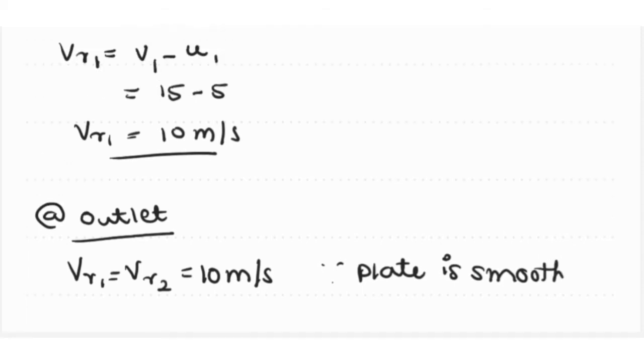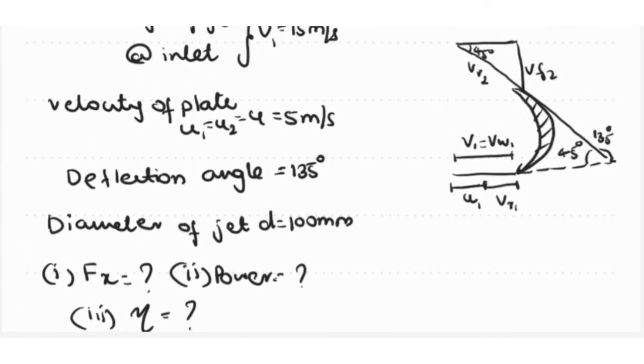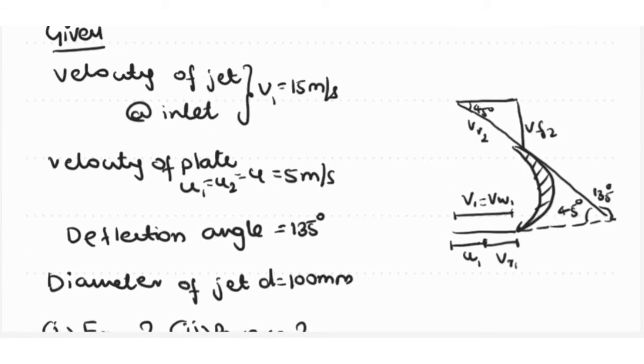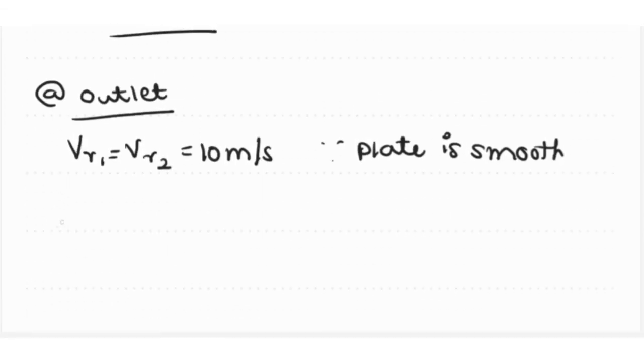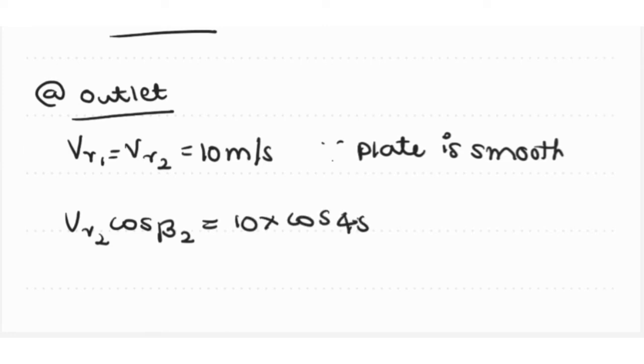So in the outlet triangle we should calculate VW2. First we will calculate what actually the VR2 cos beta 2 value. That will help us to know whether it is acute or obtuse. So VR2 cos of beta 2 is equal to 10 into cos of 45 degree.